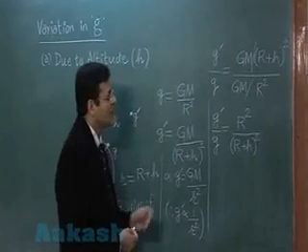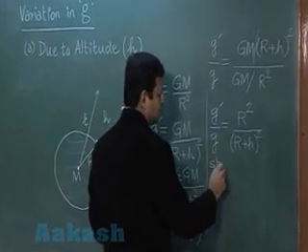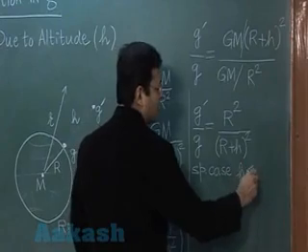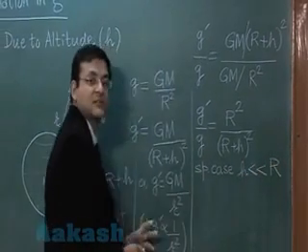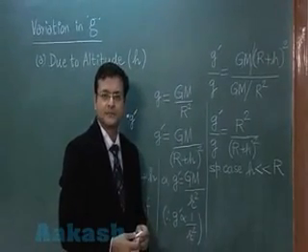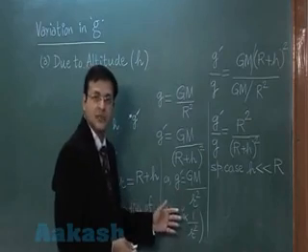But let us suppose you have a special case where the altitude is very small compared to the radius of the earth, say 5 kilometers or 10 kilometers. Then using this expression may become difficult.